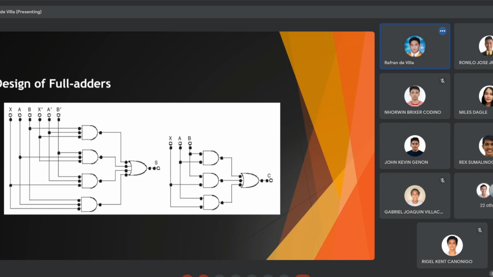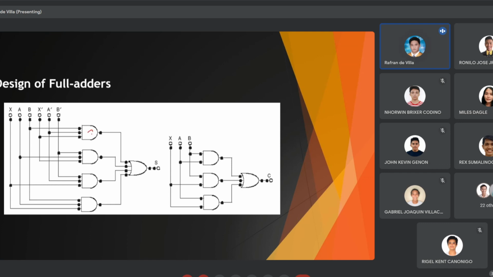Okay, looking at this again, if we try to implement this using two-input gates, the number of gates we need is quite large.